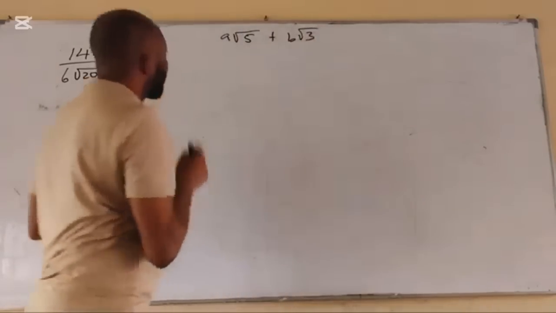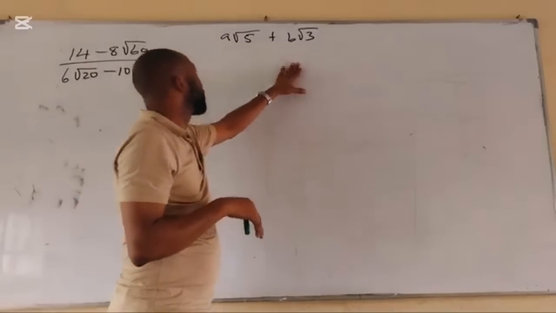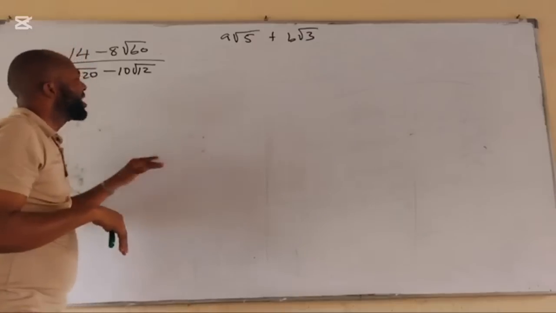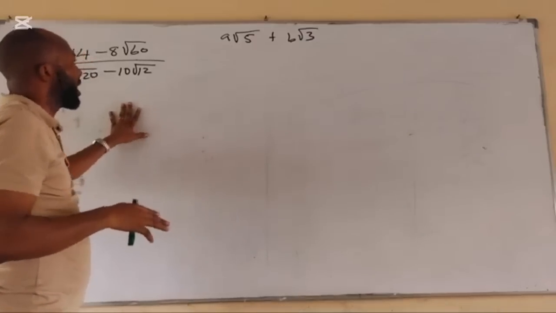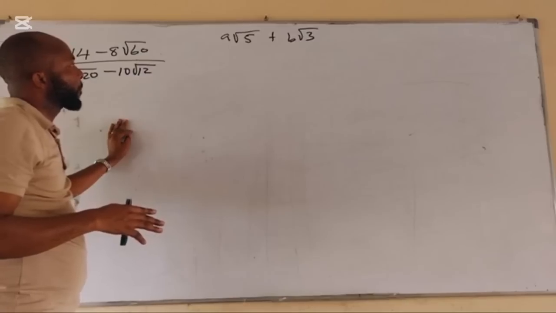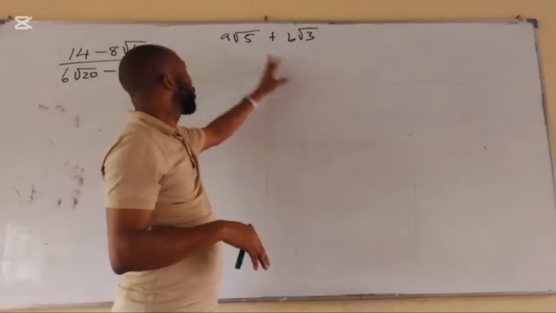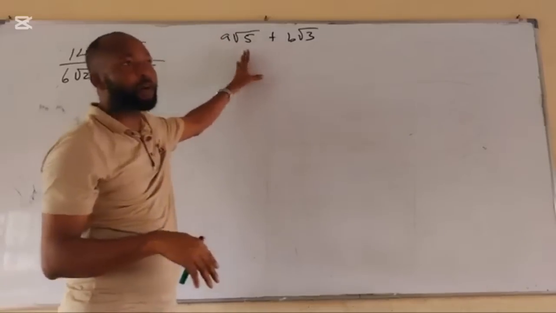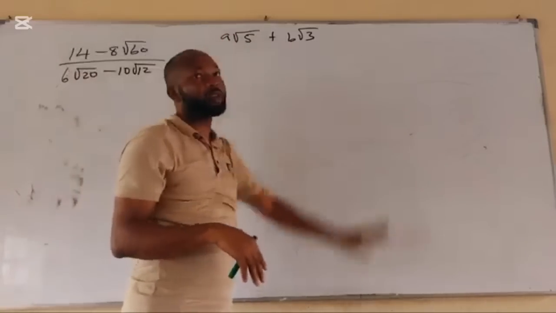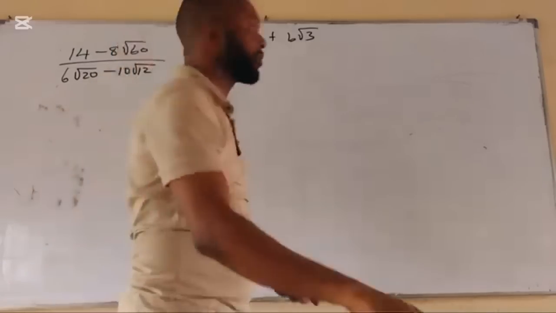So they are telling us that the form in which we have to leave our answer must be in this manner. So a root 5 means that at the end our answer is going to be in the form where there will be a root 5 and there will be a root 3. Whatever is attached to that root 5 becomes our A. Whatever is attached to that root 3 becomes our B. That is what they are saying. So let us go on and simplify.